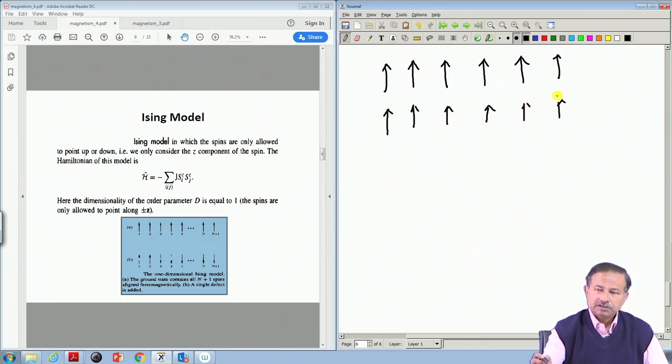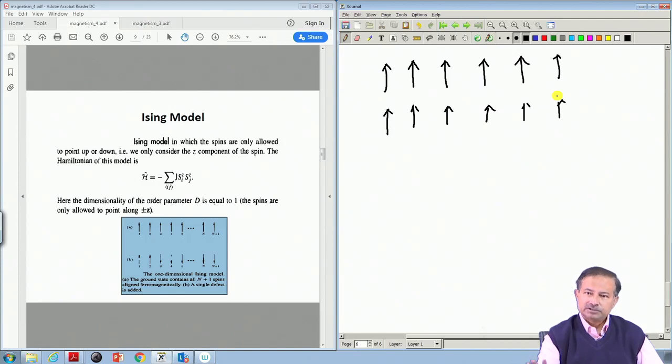One thing you should realize is that the spin space and the real space where the spins are, are very different things. In spin space, the spins are quantum mechanical objects, and they have Sx, Sy, Sz components. For quantum mechanics, for spin half, for example, they follow SU(2) algebra. This is real space.